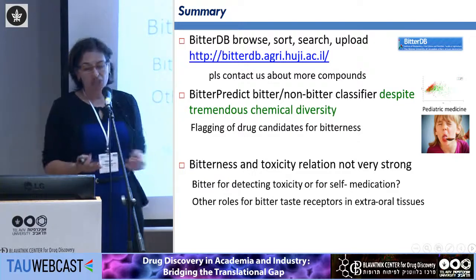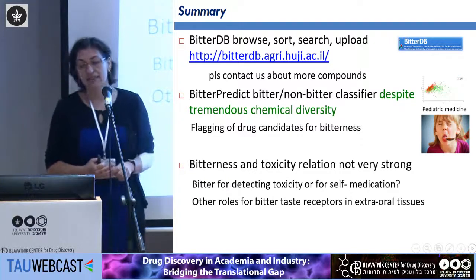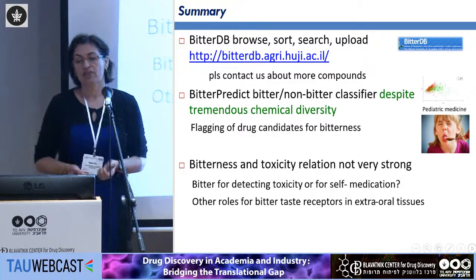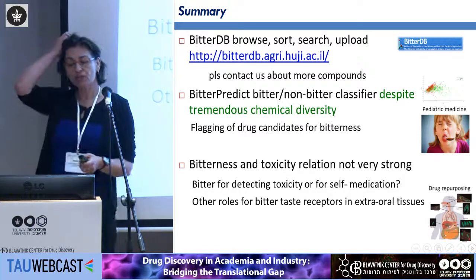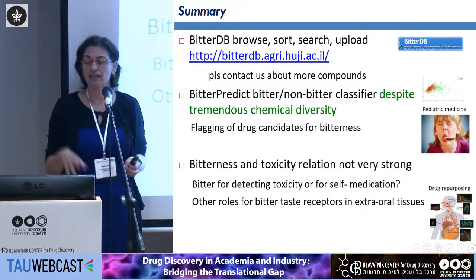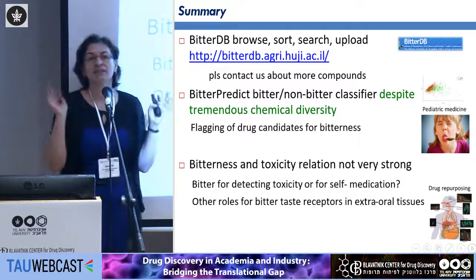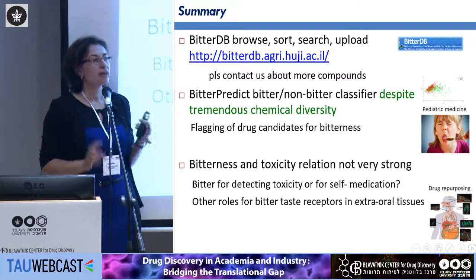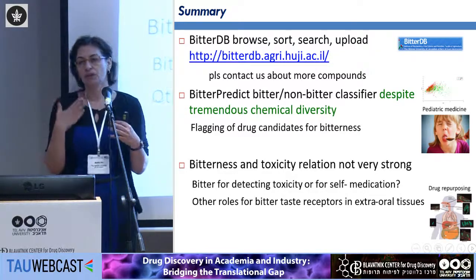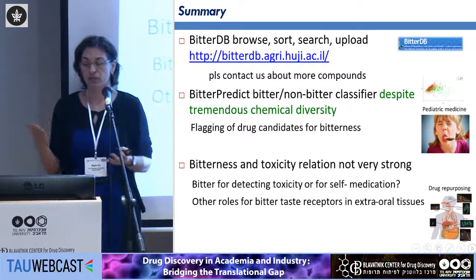An additional very interesting point is that bitter taste receptors have been found in many different tissues. They're expressed in the lung, in the heart, in the thyroid gland. So they must have additional roles that are not related to oral detection of poisons.